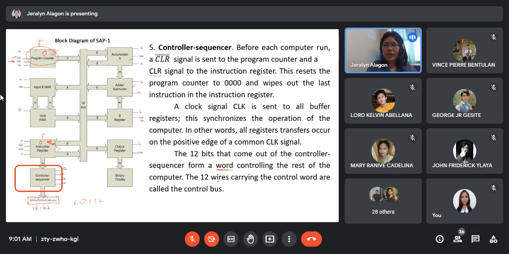So the 12 wires carrying the control word are called the control bus. So syempre 12 bits man siya, di nadyo na wire kada agianan baya sa atong kuan class, kay it represent a bit. This is 1 bit, 1 bit so 12 din na, di ba? So ang kaning balik 12 kay ani gitawag na siya og control bus.